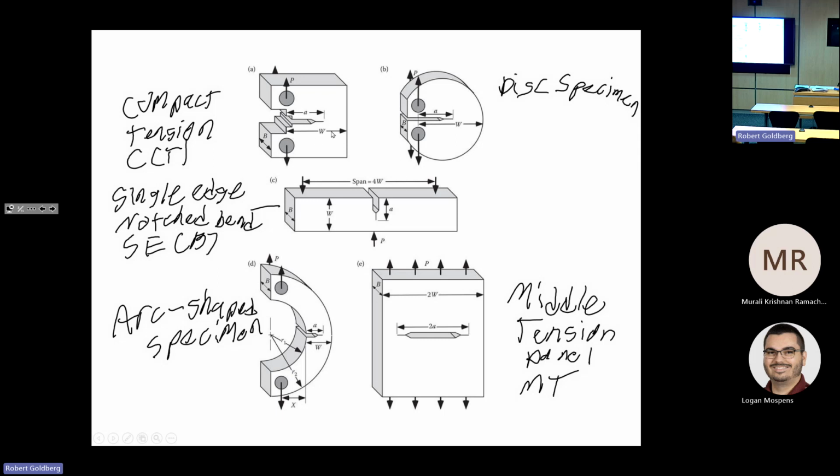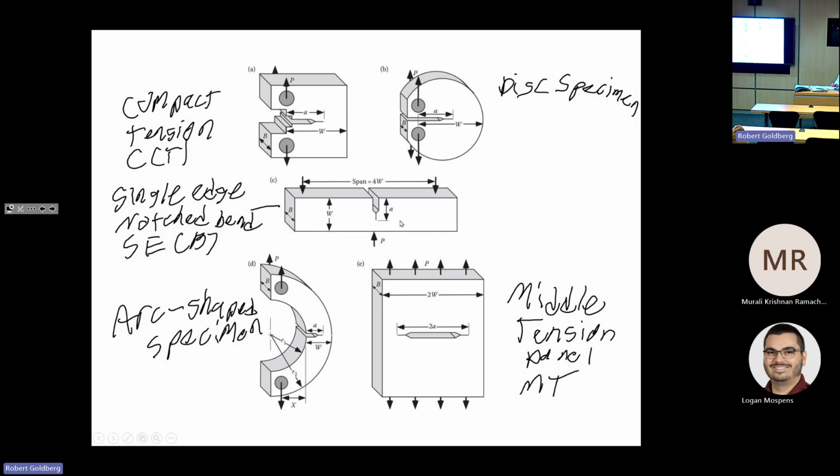And also note that'll be important is remember for most of these types of specimens, back when we did linear elastic fracture mechanics, we presented a whole bunch of tables to say the various ways to compute the stress intensity factor for all of these various and sundry specimens.